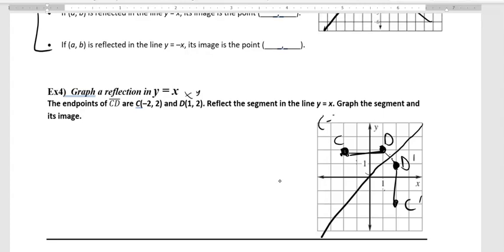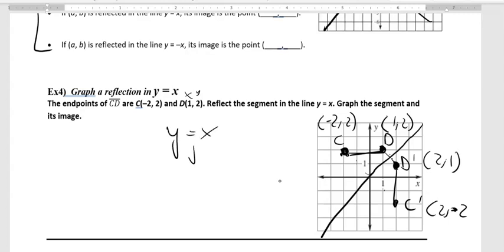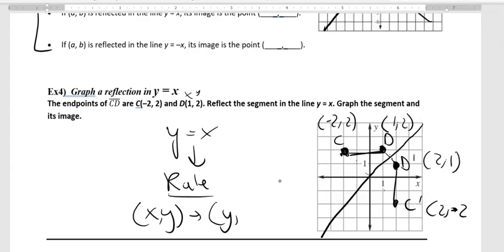C was located at negative 2, 2, and C prime is 2, negative 2. D is located at 1, 2, and D prime is at 2, 1. What does it look like the rule is when you're flipping over y equals x? The rule would be, what do you do to your point? Just switch it. All it is, x, y becomes y, x.